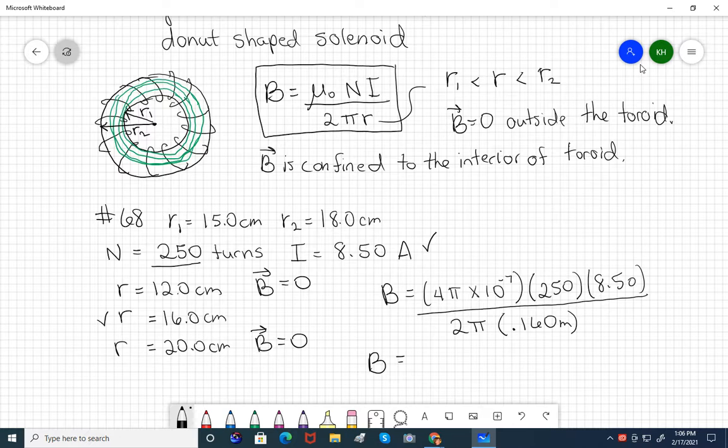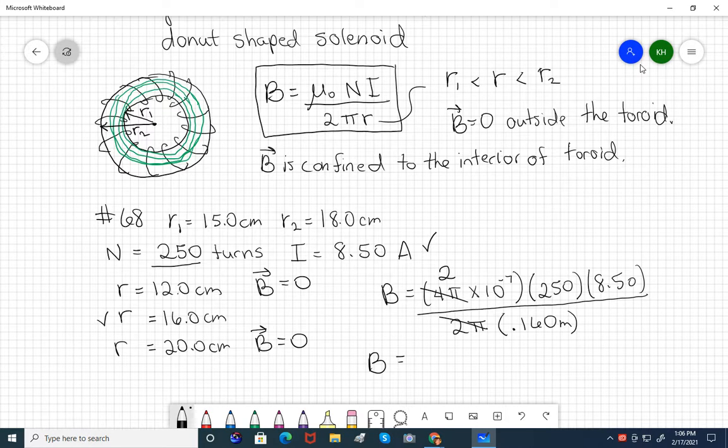I'm probably going to go ahead and cancel. 2 pi over 4 pi is just 2. So let's see. I have 2 times 10 to the negative 7 times 250 times 8.5 divided by 0.160.